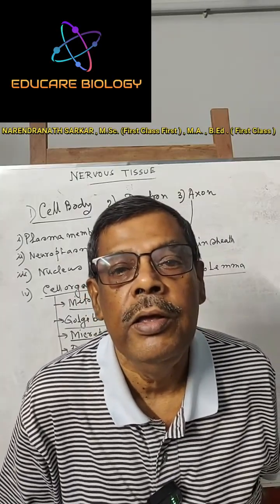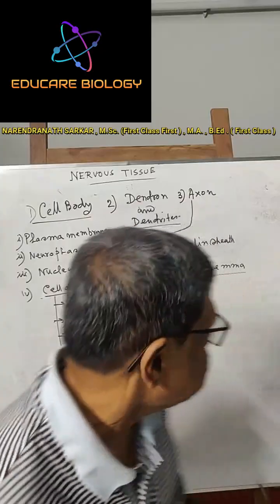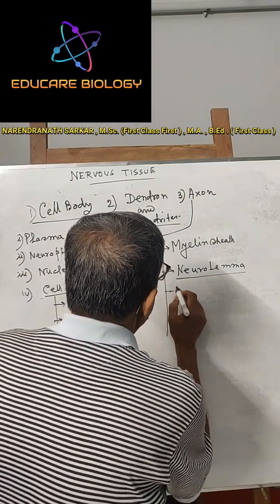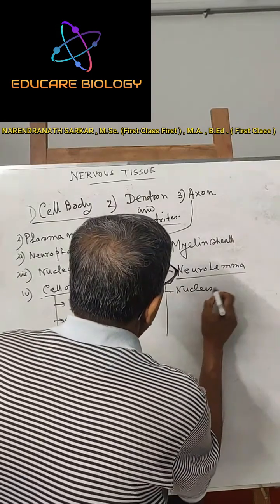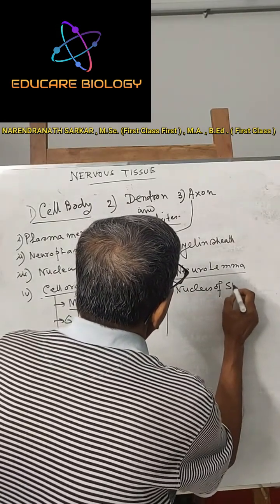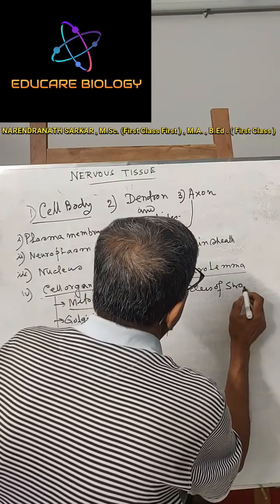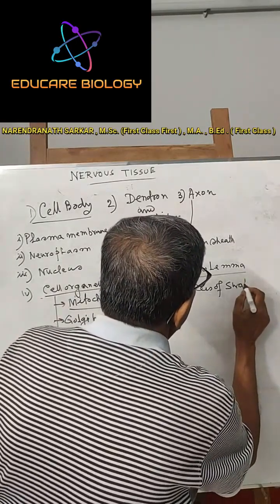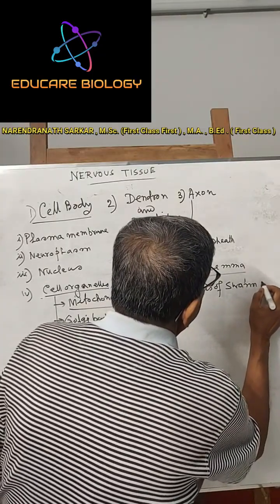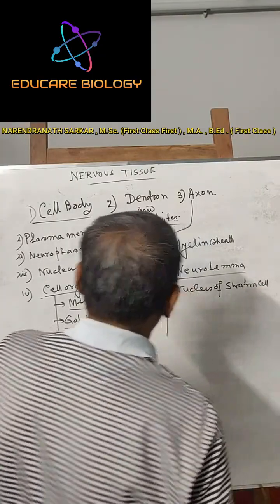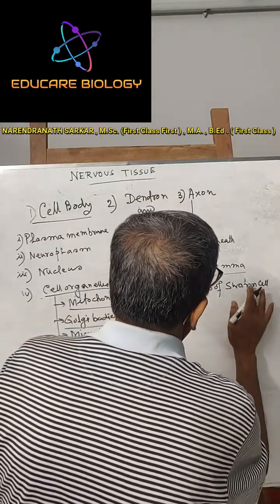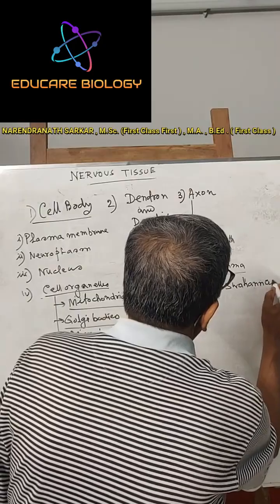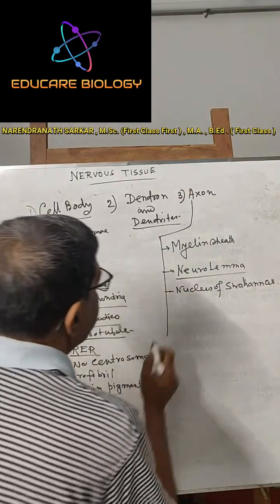So there is no nucleus of Schwann cell in the neurolemma. That is the nucleus of Schwann cells.